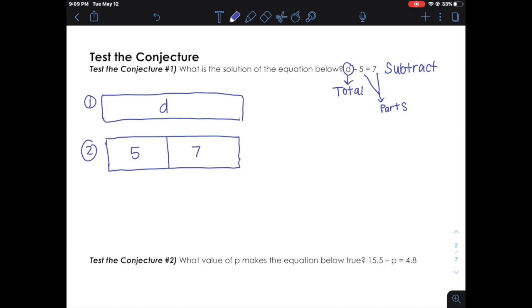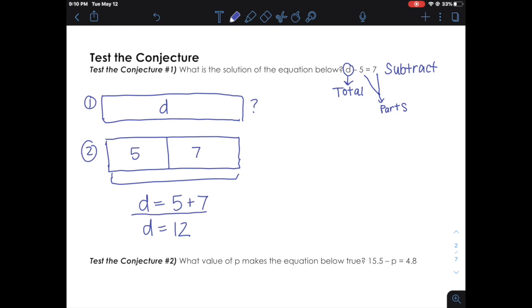So I'm trying to find out what d is. Well, if d and this bar with 5 and 7 are equivalent, then all I have to do to figure out d is add 5 plus 7. And 5 plus 7 equals 12.